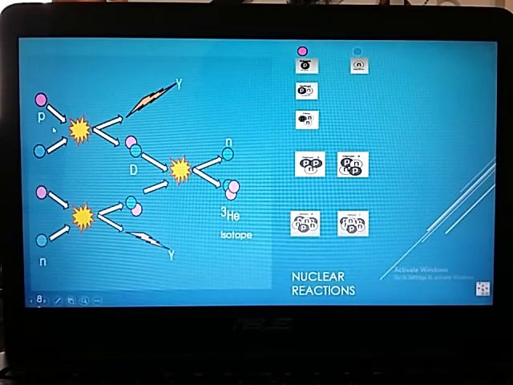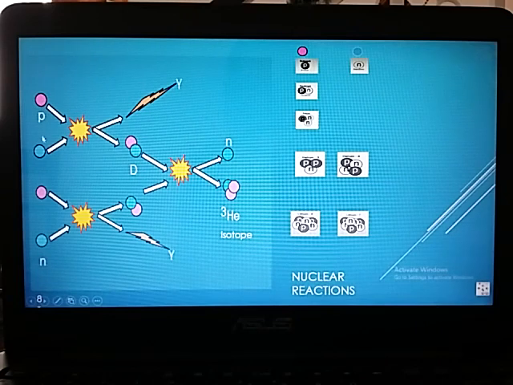Yung P is the proton. Yung N is the neutron. So, for this example, one proton and another neutron combine, it forms deuterium. Nakita natin, nagsama yung pink and blue, naging siyang deuterium.